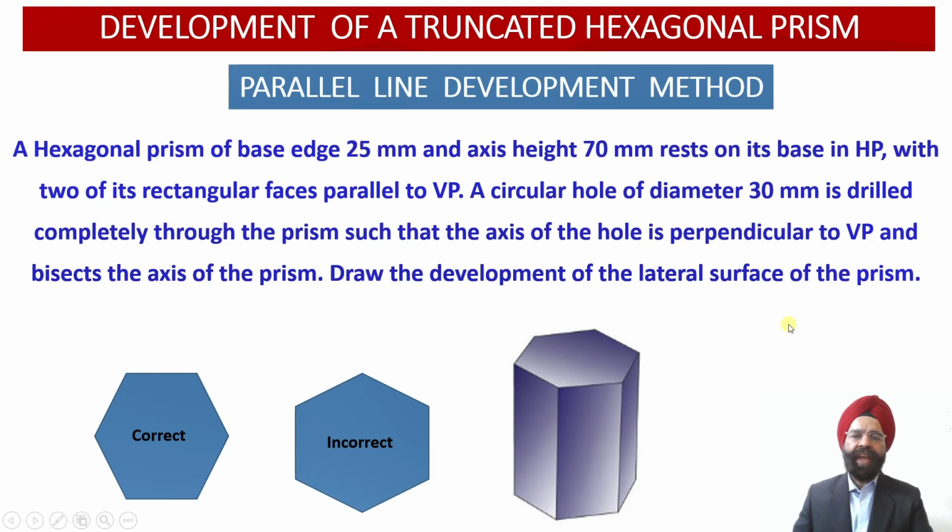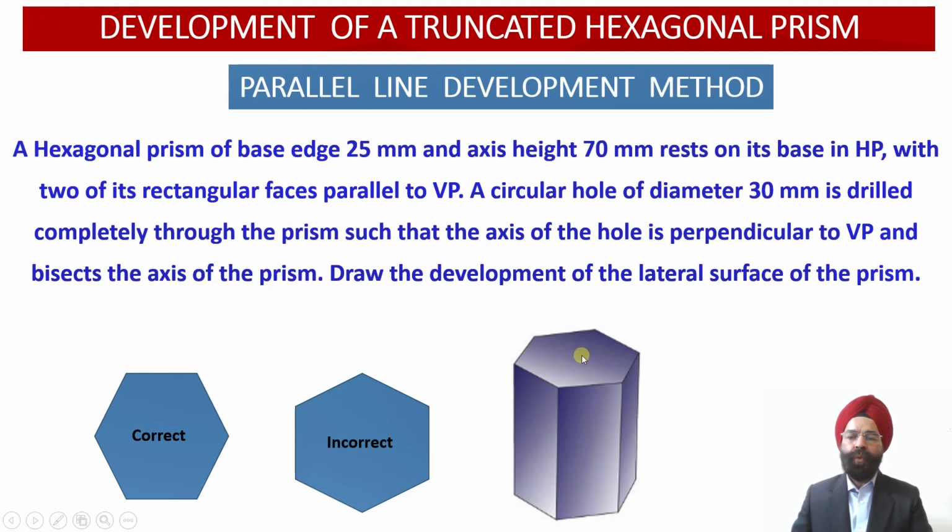Now we have been provided with the information that a circular hole of diameter 30 mm is drilled completely through the prism such that the axis of the hole is perpendicular to the vertical plane, and the axis of this hole bisects the axis of the prism.